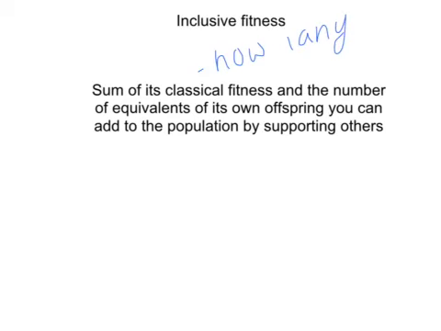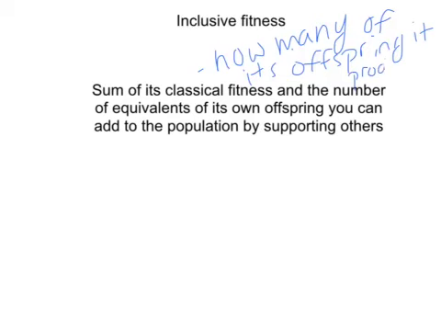So we're adding together its classical fitness, how many of its offspring it produced and supported, and the number of equivalents of its own offspring you can add to the population by supporting others.